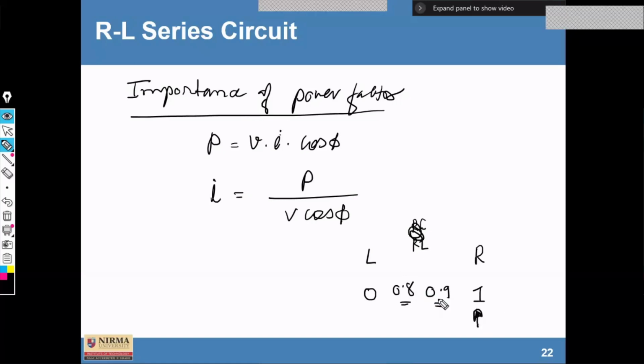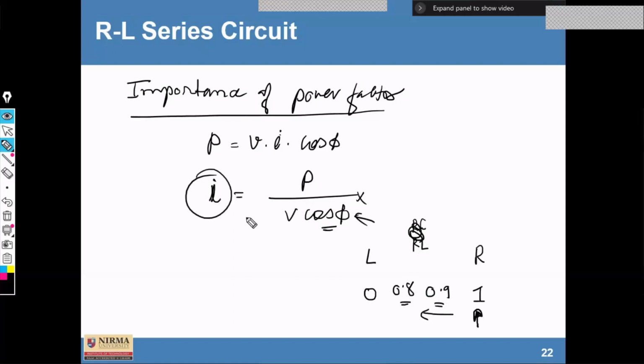Unity power factor. So if it is 1, then the current is inversely proportional to the power factor here. When the power factor is 1, there is no effect. As and when the power factor is decreasing, 0.9, 0.8, ultimately your denominator is decreasing, and hence the current is increasing.